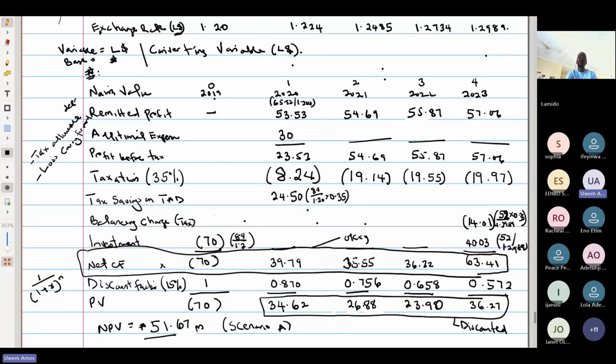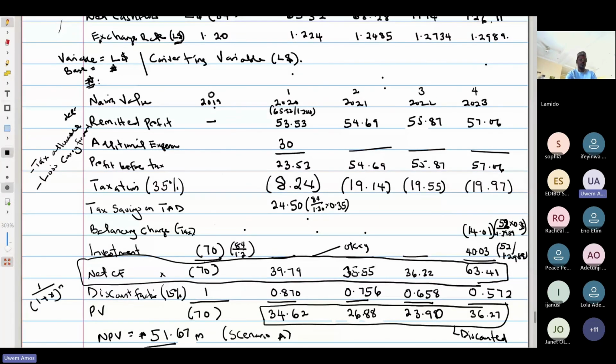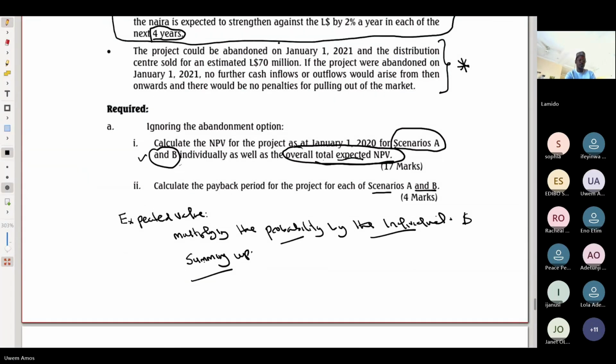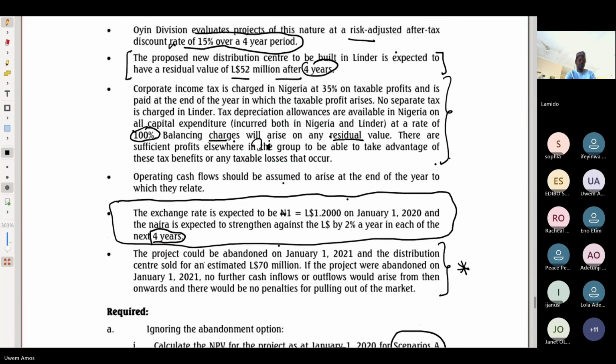However, I choose to place it under year 1 instead of year 0 because of this statement in the question. Can you see this bullet point?